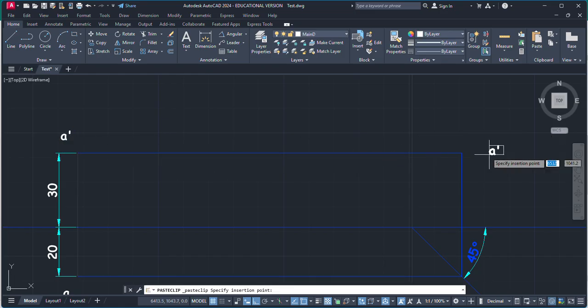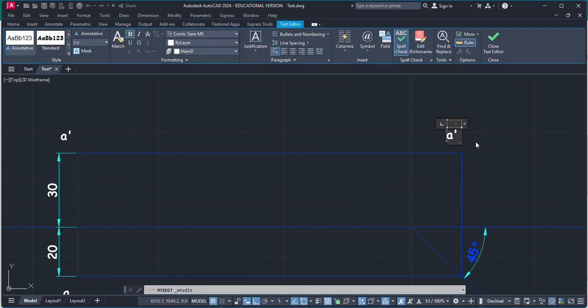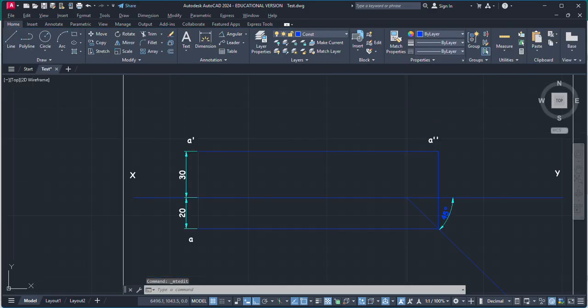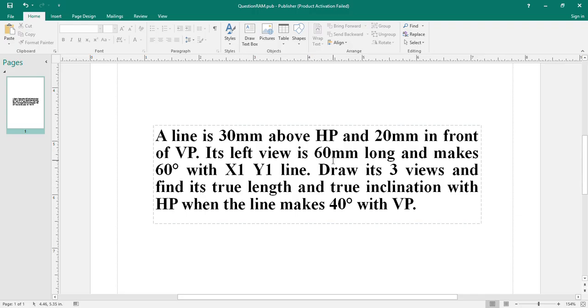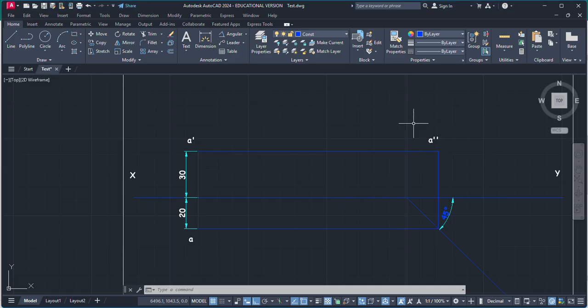The point of intersection is our projection of side view. So this is our side view, and side view is denoted by A double dash. Now in the question it is given side view is 60 mm long and makes 60 degree with the x1 y1 line. This x1 y1 is our reference line.